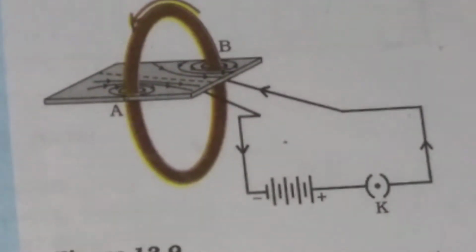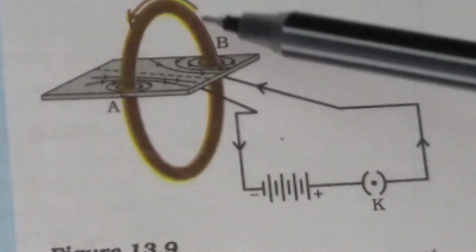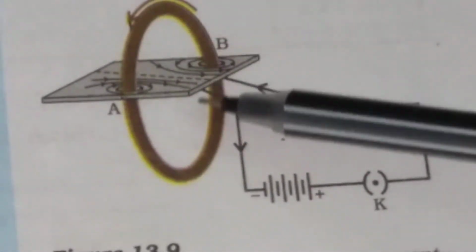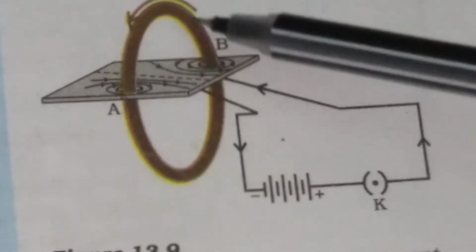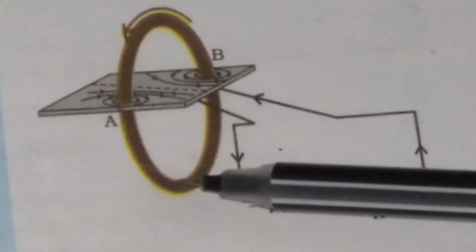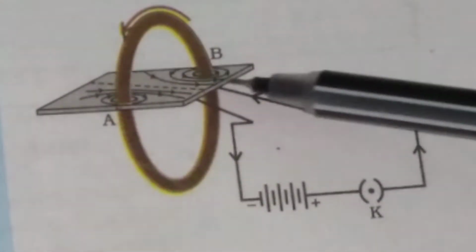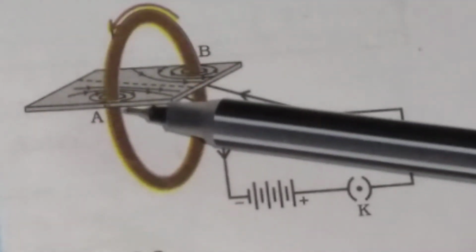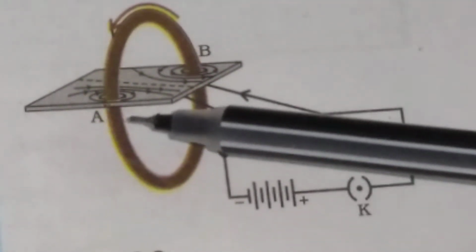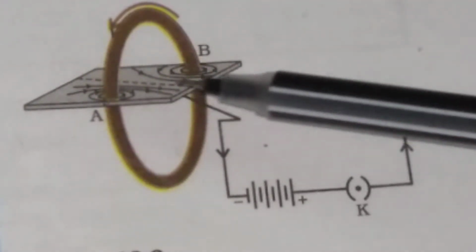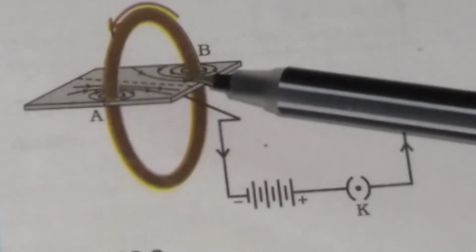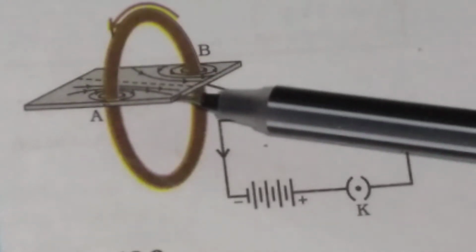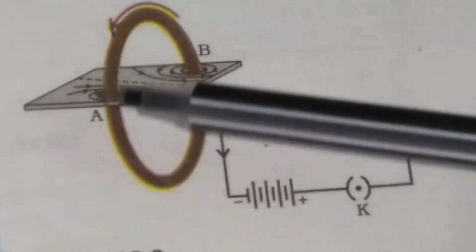So here you have a coil having n number of turns. Look at this figure. Here we have a coil having n number of turns, and this is a rectangular cardboard. Consider a rectangular cardboard having two holes. Here you have a hole and here you have a hole. Insert a circular coil having n number of turns through them.